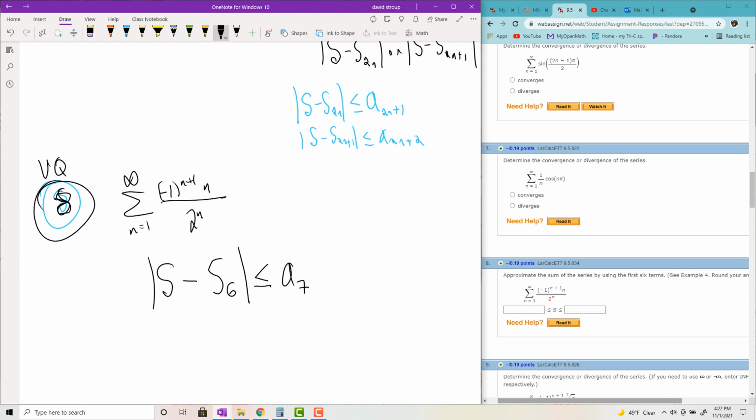Okay, so the a sub n formula is from this portion. So a sub n we know is n all over 2^n. So a sub 7 is going to be 7 all over 2^7, right?